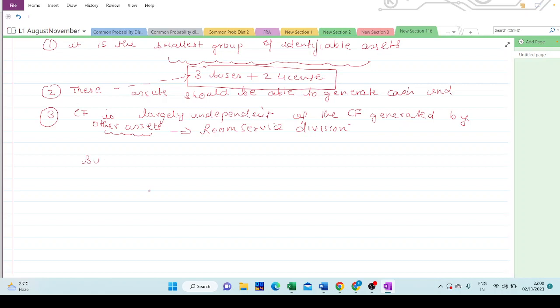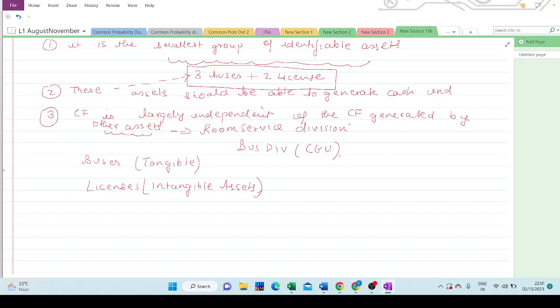So buses are the tangible assets of the bus division. Then licenses are the intangible assets of the bus division. And guys, this bus division might have liabilities as well, right?